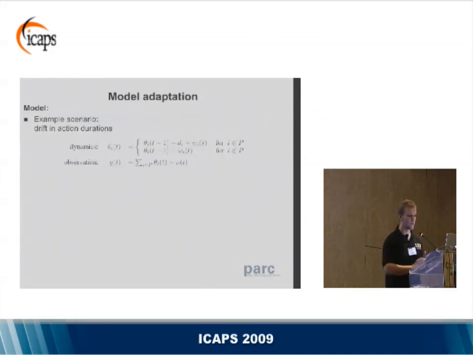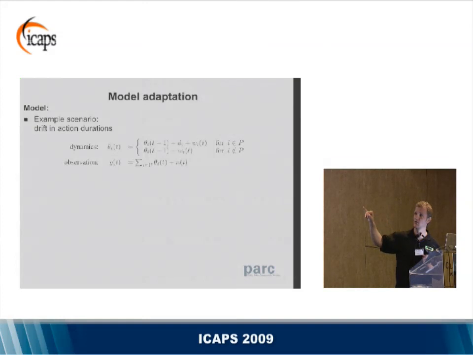For model adaptation, we can quickly look at the dynamics. In that example, we look at action durations, which we can update. We have theta, which is the action duration from the step before that plan, and then there's some Gaussian noise. We assume that each time we use a certain component, we have an extra delay, or an extra drift in the dynamics model.